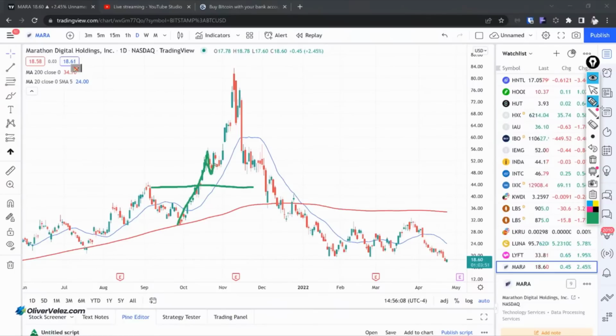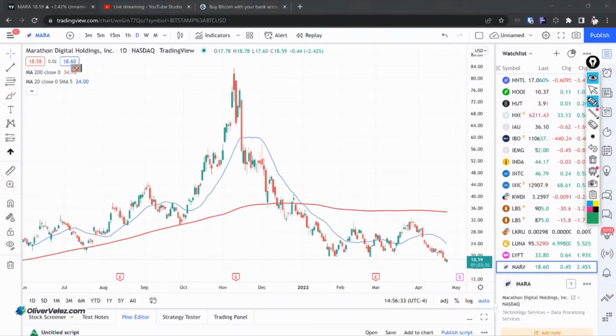This held the top, right? If it broke down here, it's likely to do something like that. So as you can see, it's the move after every pause. So there's a pause and then there's the next move. Now here's the halfway mark of that. When you break that halfway mark, it's over from there.